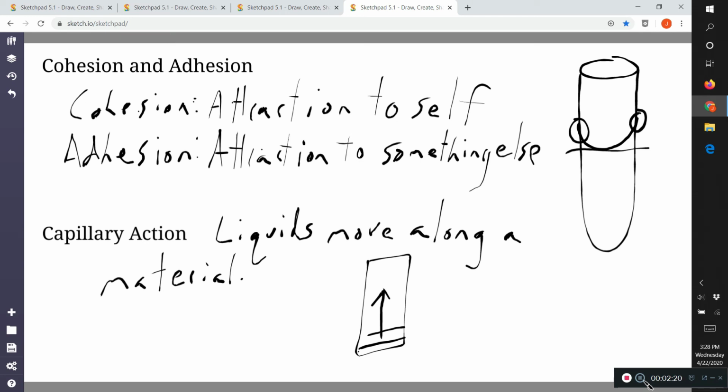So let's briefly discuss how this is related to the kinetic molecular theory. So all particles move. Liquid particles, unlike gases, move, but they are attracted to each other enough that they stay close together. So this is how liquids differ from gases. Kinetic molecular theory says that all particles want to move.